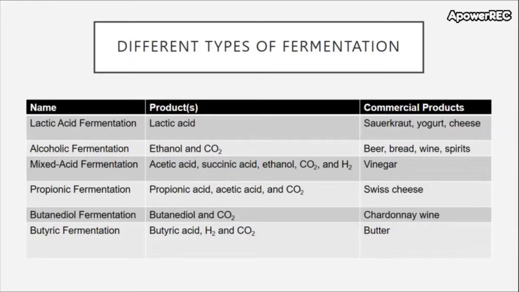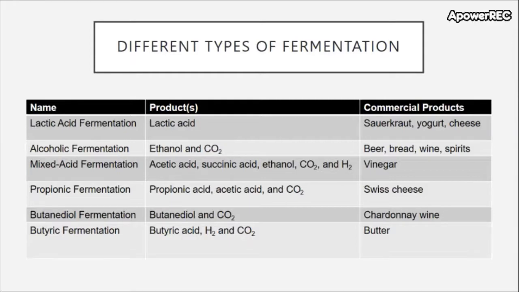Propionic fermentation produces propionic acid, acetic acid, and CO2. So if you've ever looked at the eyes of Swiss cheese, those eyes are bubbles made from CO2 production and propionic acid. Next, we have butane-diol fermentation, which makes butane-diol and CO2.